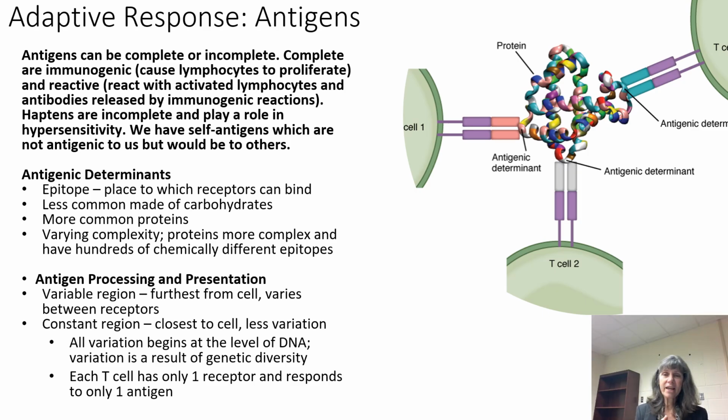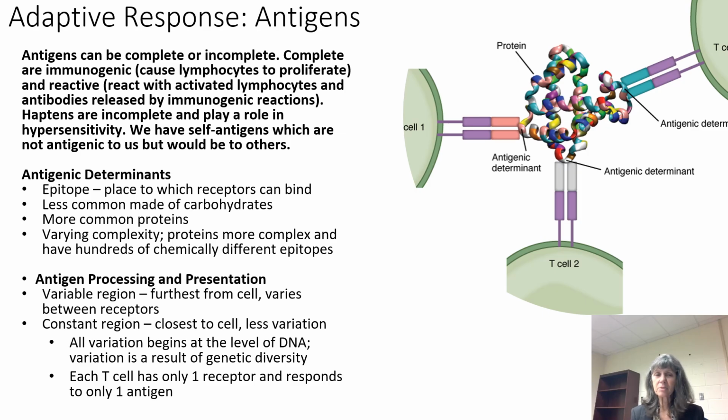We have antigenic determinants that consist of an epitope. The epitope is the place where the antigen can bind to a receptor, and those epitopes are usually made out of protein. Sometimes they're carbohydrates. They vary in their complexity.